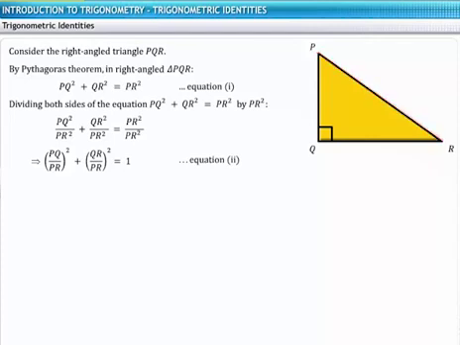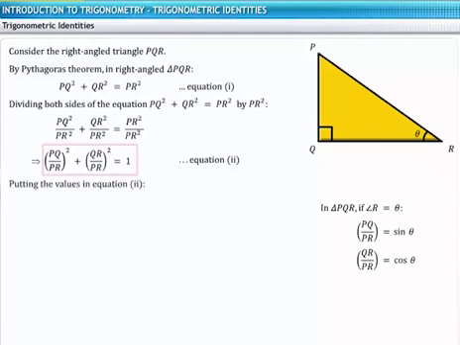equation 2. If angle R in triangle PQR is equal to theta, then the ratio PQ upon PR is equal to sin theta, and the ratio QR upon PR is equal to cos theta.